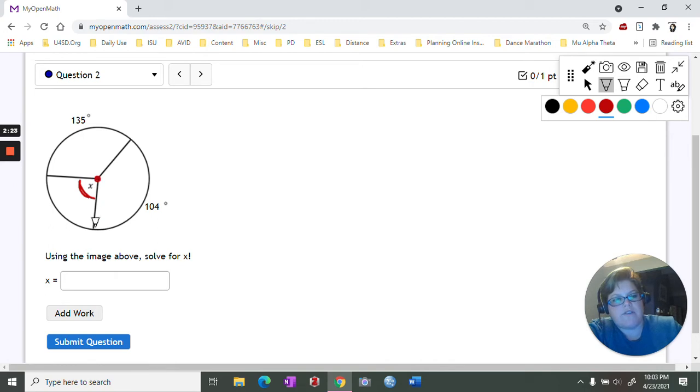That's the center of our circle. So if I can find this, that's also x. Our central angle measure and the intercepted arc measure are equal. So this x, our 135 and our 104, all add up to 360.